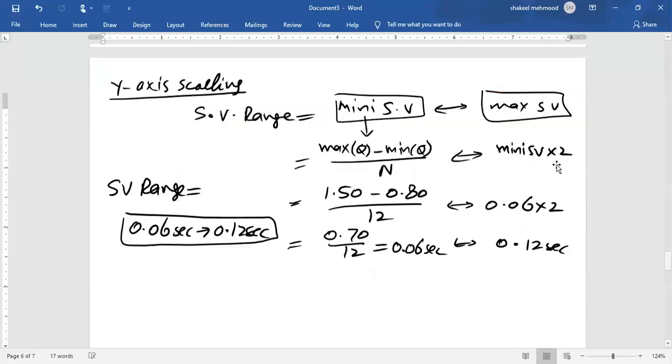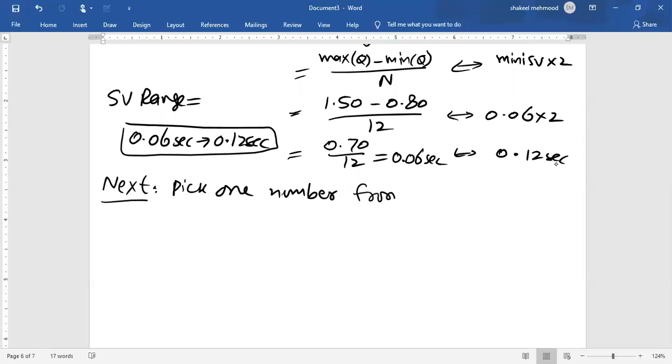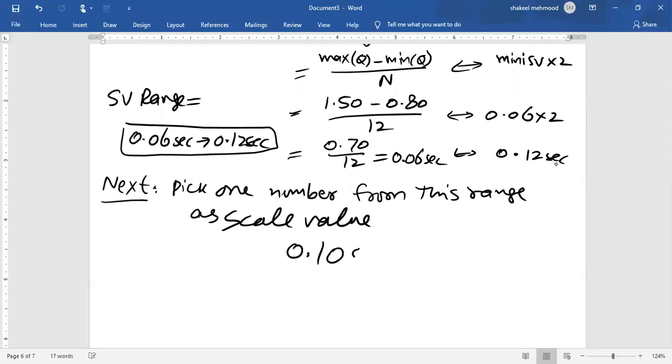What you have to do next is pick one number from this range as scale value. So what's your number? My number is 0.10 because 0.10 is falling in that range.